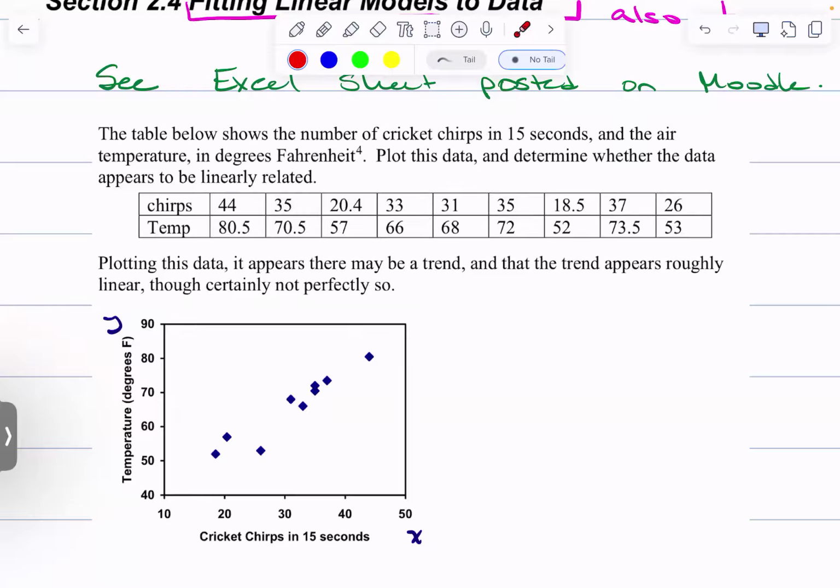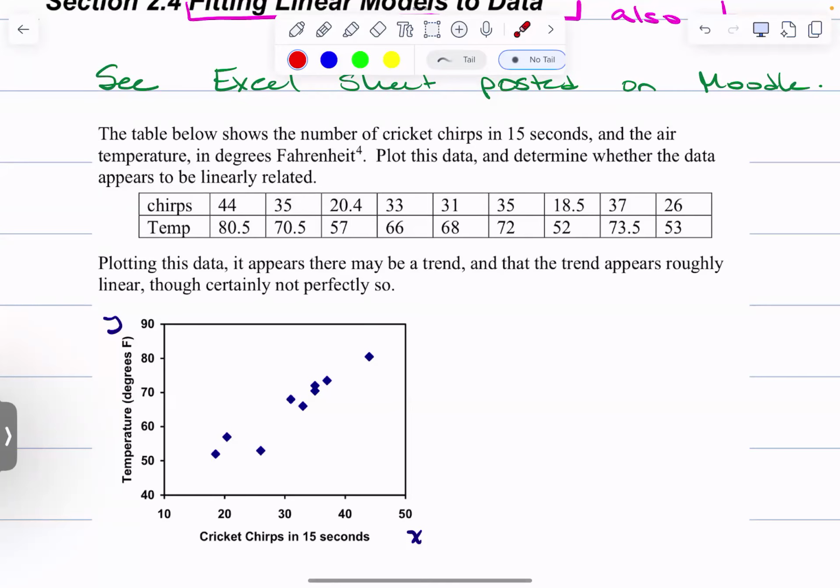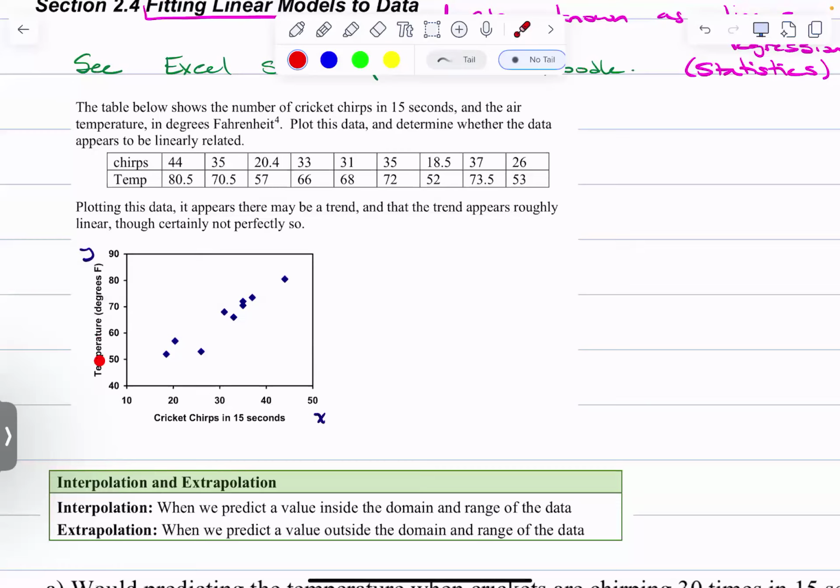So one thing that I will say I have beef with, and did I stick with it or no? I kept it the same, is usually we would put the dependent variable on the y-axis. So the thing that depends on changes in the x variable, where the x variable is often called the independent variable, right? Just kind of moves independently. So my beef is this.